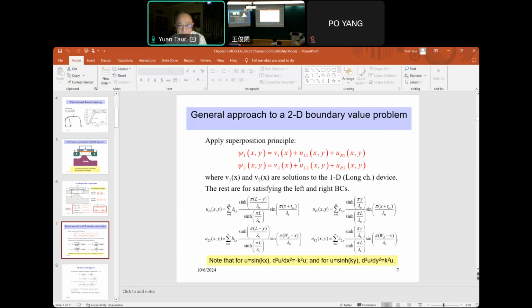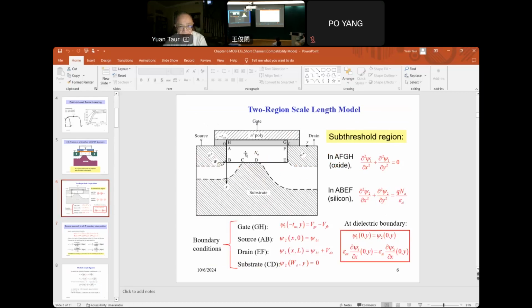That's the long channel solution. Then we add UL1 and UR1 for the oxide potential, and UL2 and UR2 for the silicon potential. These terms are added so that we satisfy the source and drain, left and right, boundary conditions.